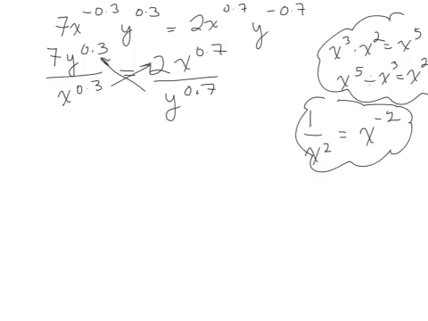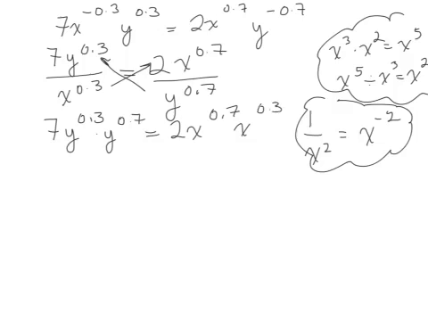So if we do that, we have 7 y to the 0.3 y to the 0.7, so we're multiplying those together, equals 2x to the 0.7 and x to the 0.3.